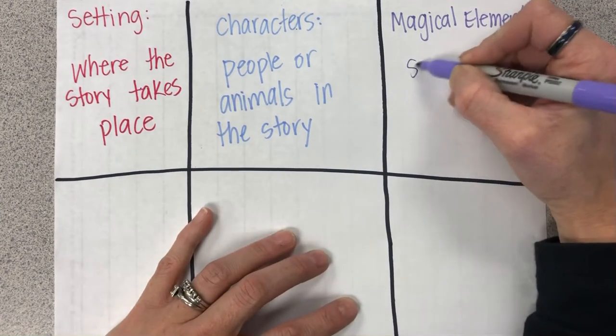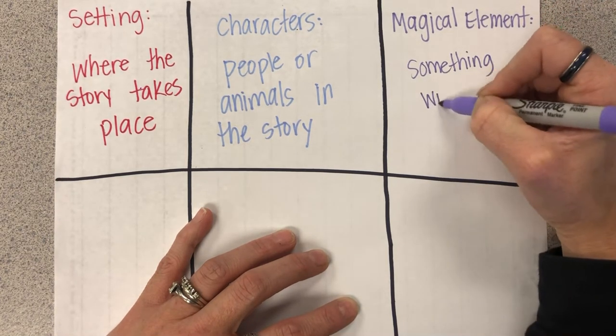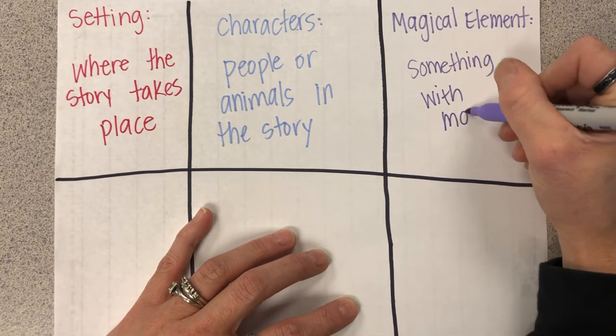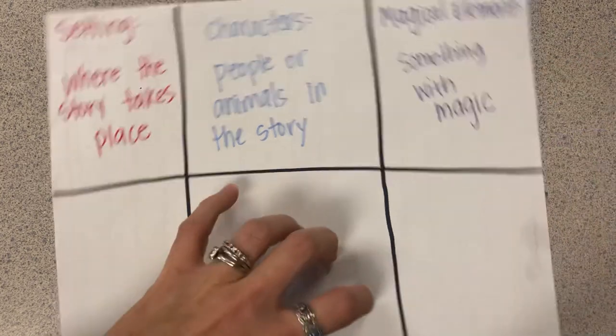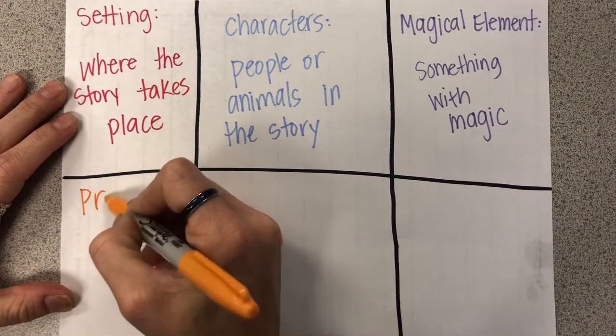So something with magic. And Jack and the Beanstalk, he's got those magic beans. So that is the magical element.